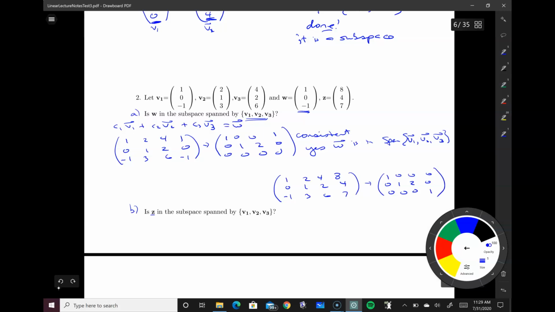Because this is an augmented matrix, this last row gives me the conclusion that it's inconsistent, because this last row says 0 equals 1. So no, Z is not in the span of these three vectors.